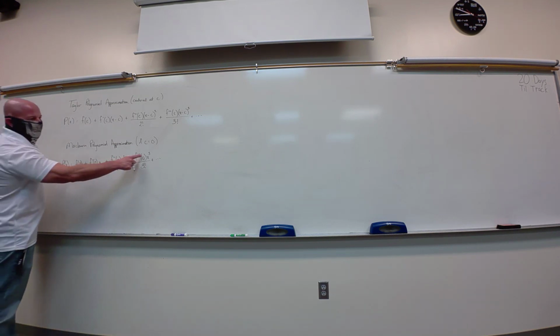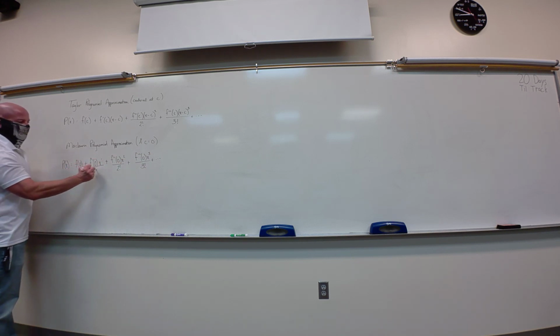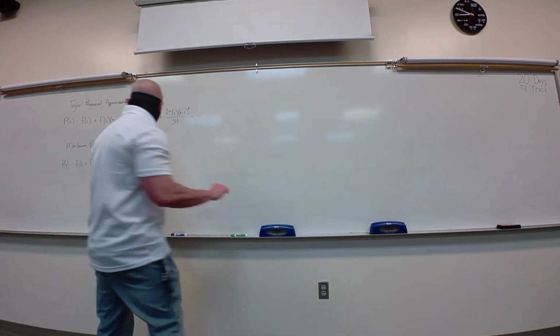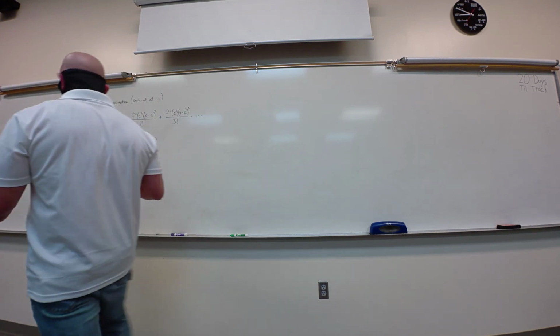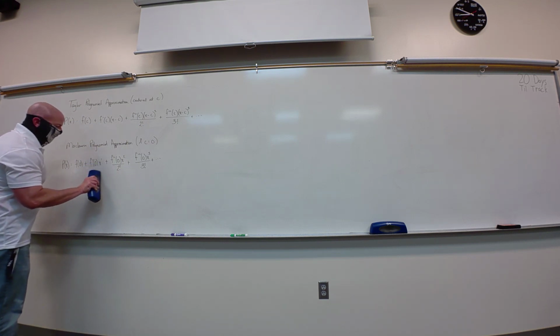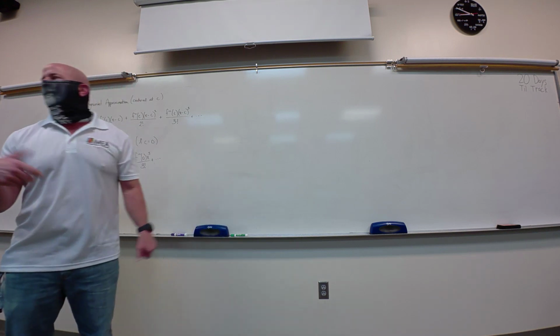Look. 3, 3, 3, 2, 2, 2, 1, 1, 1, 0, 0, 0. The only thing that changes is c. So for you, the general idea would be this. If you're asked to find a Maclaurin polynomial, what you automatically know is that it's centered at 0.